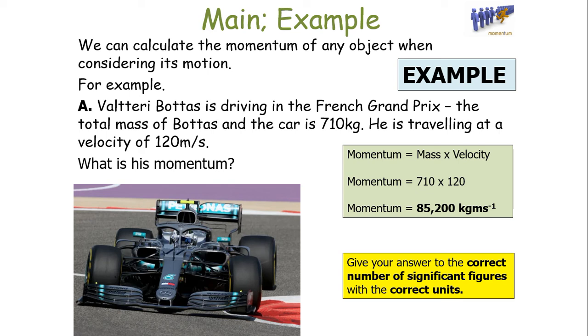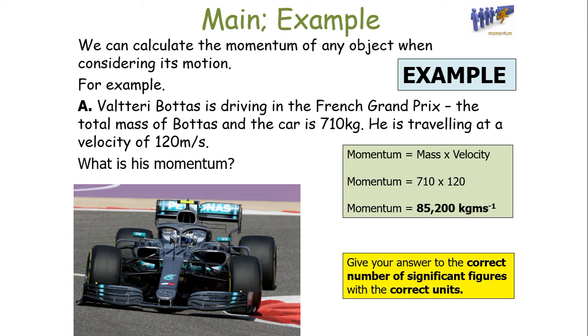So, for example, Valtteri Bottas is driving in the French Grand Prix. The total mass of Bottas and the car is 710 kilograms. He's traveling at a velocity of 120 meters per second. What is his momentum? Well, the first thing you would do is write out the equation for momentum. Momentum equals mass times velocity. You then plug in the values. Remember, it's always extremely important to sub in the values into your equation before you think of rearranging.